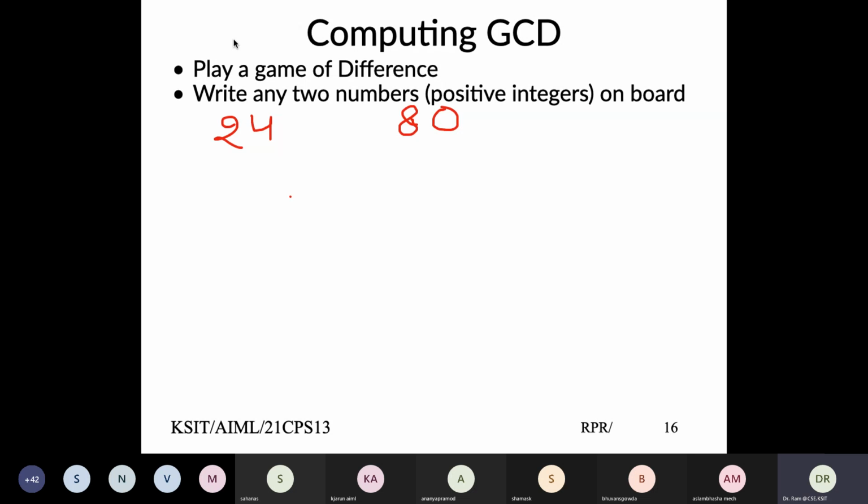Right now I have two numbers, then I have more numbers, and you keep writing numbers which are the difference of any two numbers on the board. It's a game between two players, player 1 and player 2, and whichever person cannot write a difference loses. So the question is how do you decide whether you would like to be player 1 or player 2.